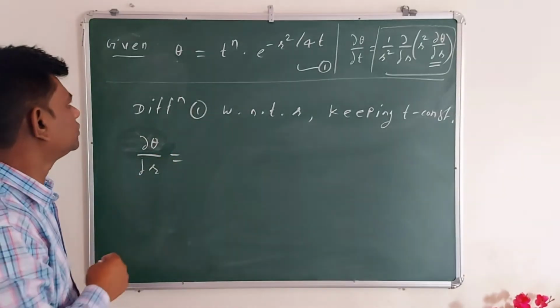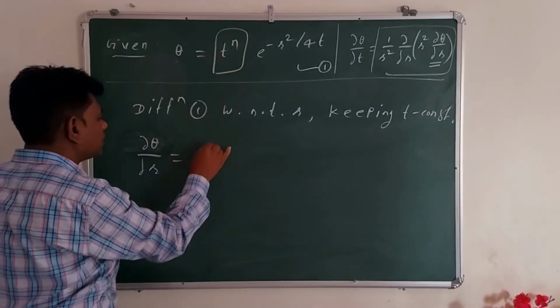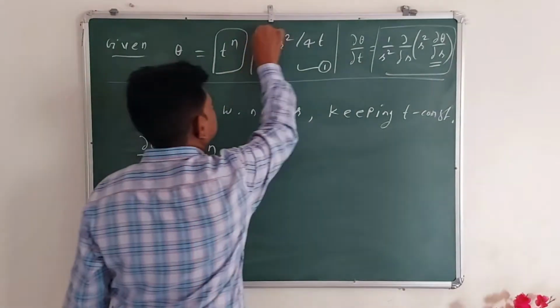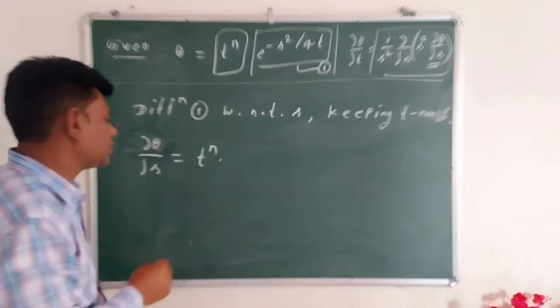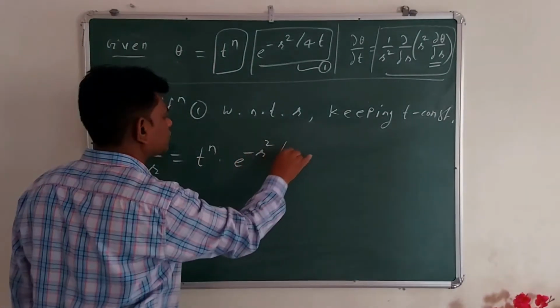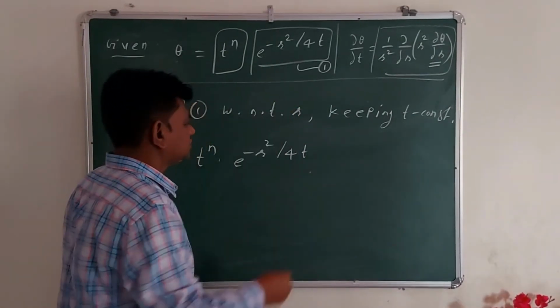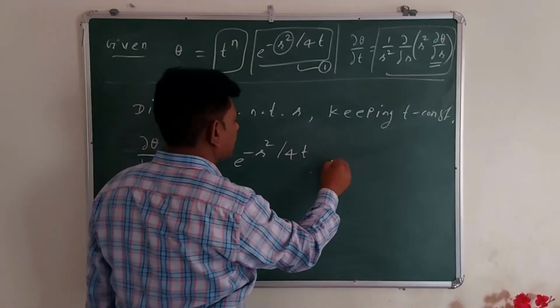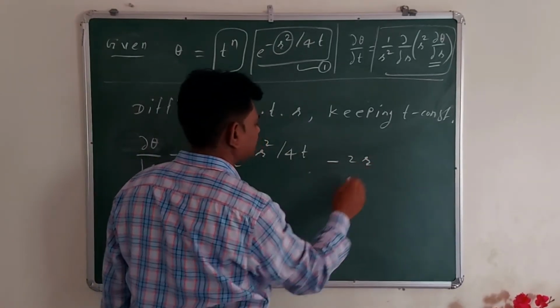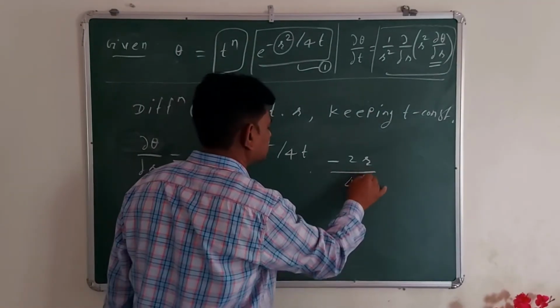Now this is equal to, here t is constant, therefore t to the power n as it is, times the derivative of e to the power minus r square upon 4 times t, which is e to the power minus r square upon 4 times t times, the derivative of r square being 2 times r, minus 2 times r upon 4 times t.